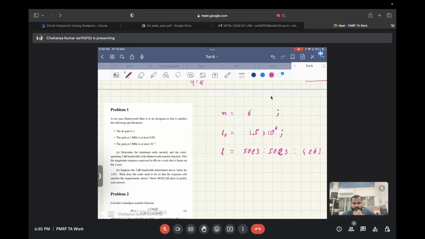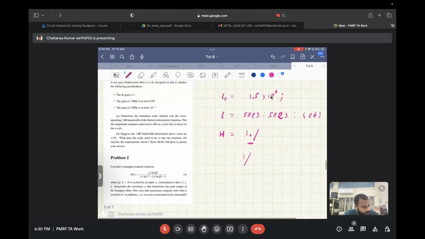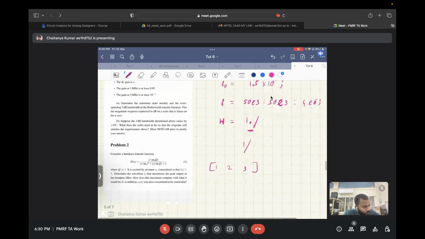Now you need to create the magnitude response. Let's say there is another variable called capital H. This will have 1. And mind it, in MATLAB, if you want to do the division of a vector, you can't simply put it like this. It will do a matrix operation on that. If you want element by element, for example, there is an array that has 1, 2, 3 in it, and another array that has 4, 6, 7 in it.